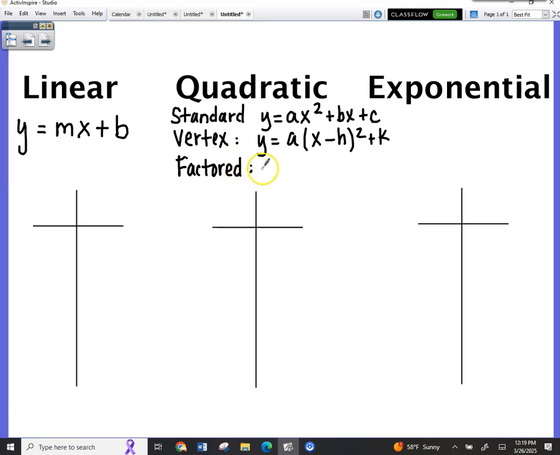I really don't like what they call it factored form when it's actually intercept form. But that's okay, we'll go with it.